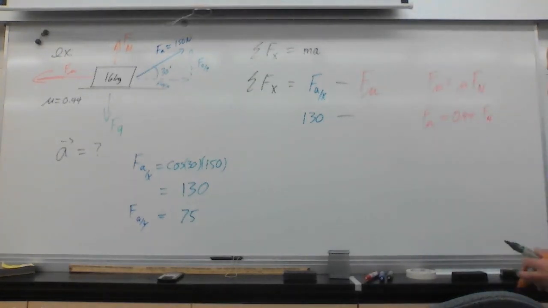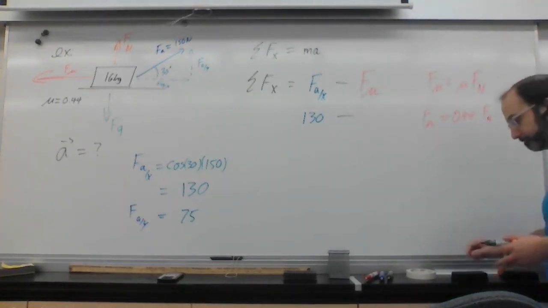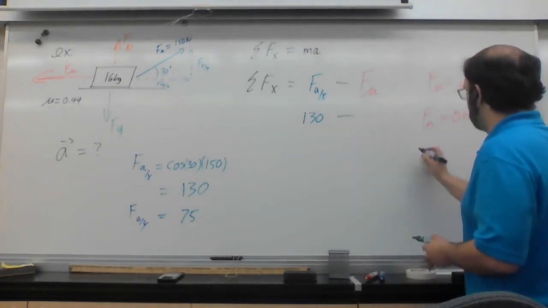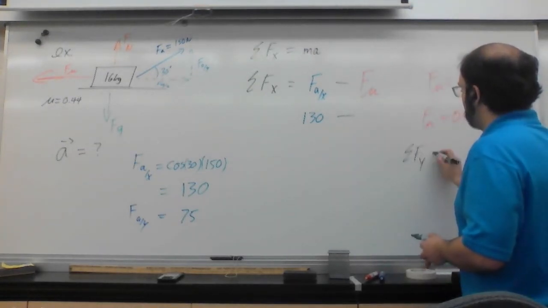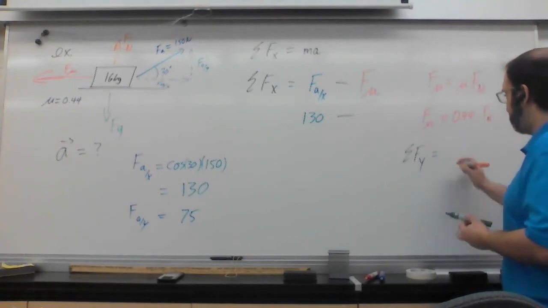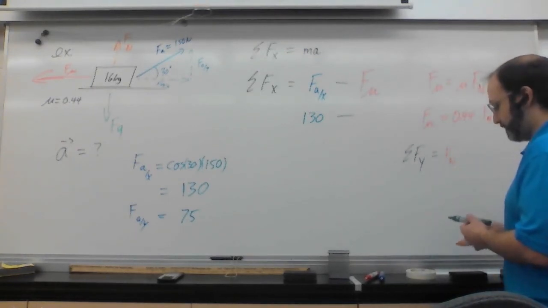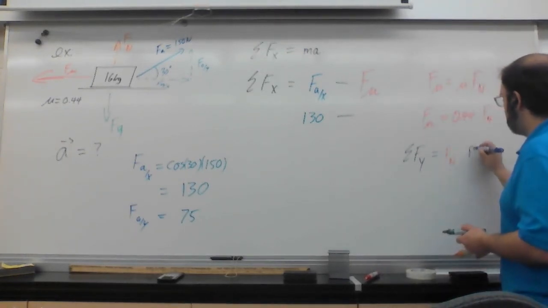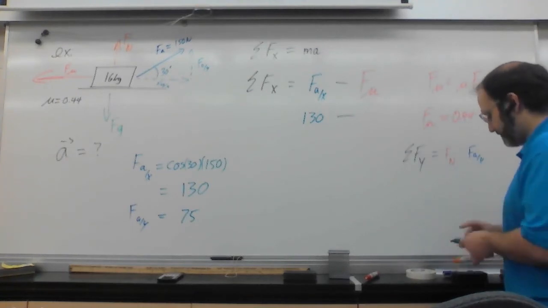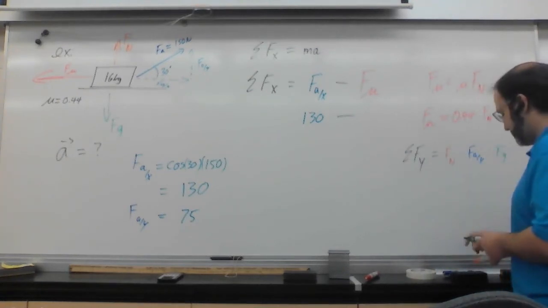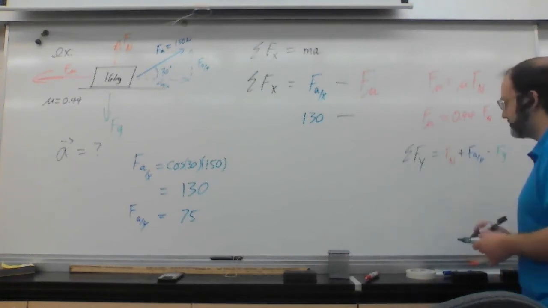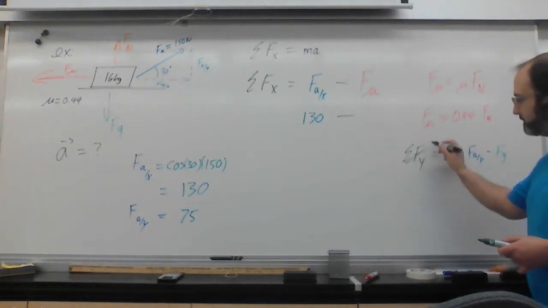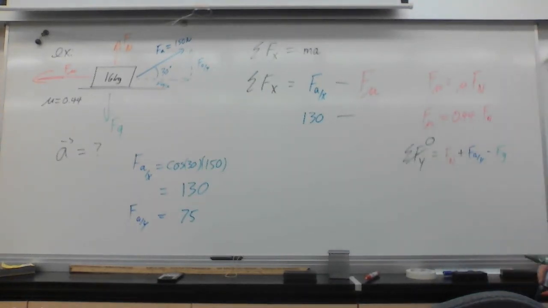So in order to get Fn, what do we have to do? Well, we have to take a look at the sum, and we go, okay, the sum of forces in the y is equal to Fn, which points up, Fay, which points up, and Fg, which points down. So it's going to be plus, minus. And then this will be 0. Why is it 0?